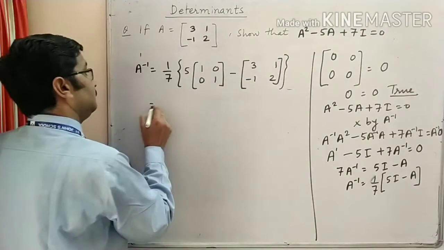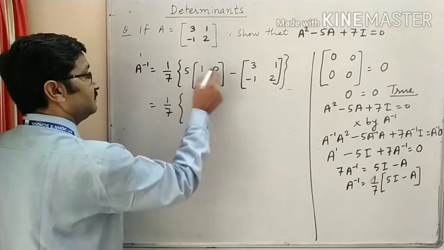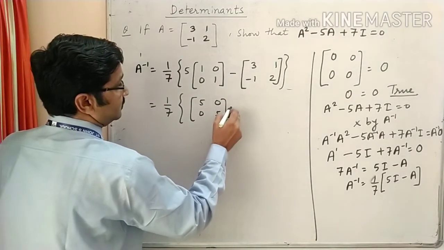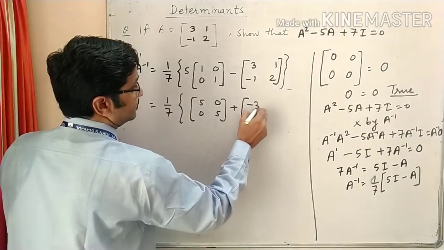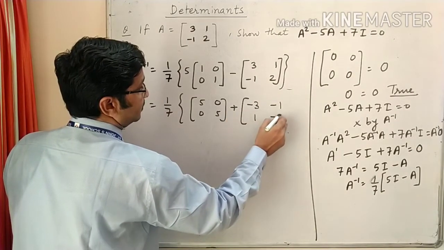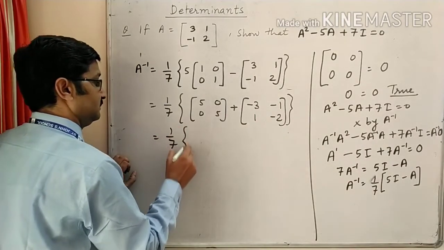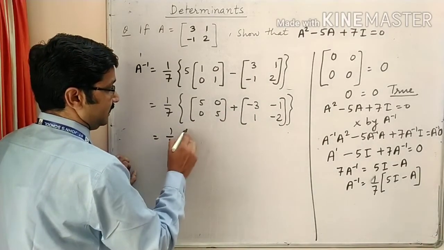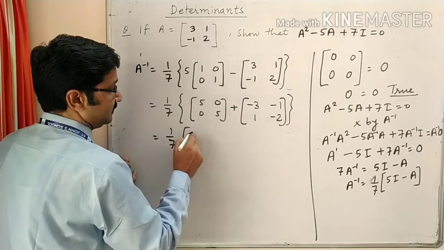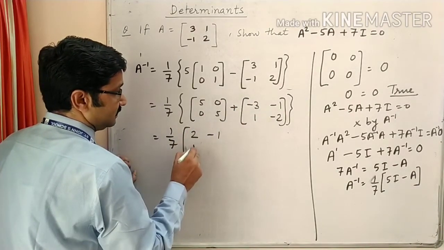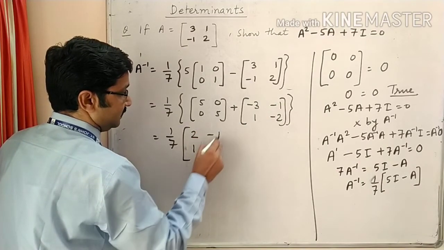This first you have to solve. How can we solve this with the unit matrix? You multiply by 5, and the second you multiply by negative: minus 3, minus 1, 1 and minus 2. This you will add. What do we get? We get a new matrix. 5 minus 3 is 2. 0 minus 1 is minus 1. 0 plus 1 is 1. 5 minus 2 is 3.